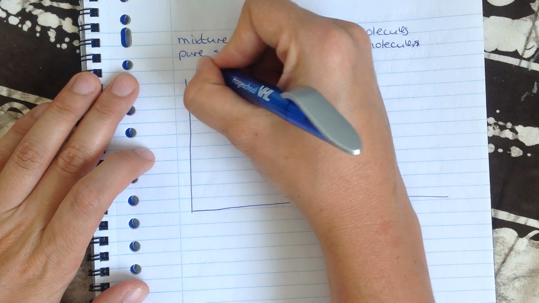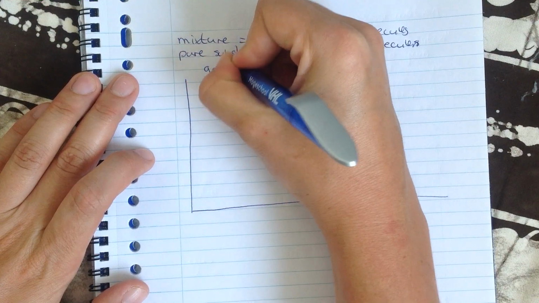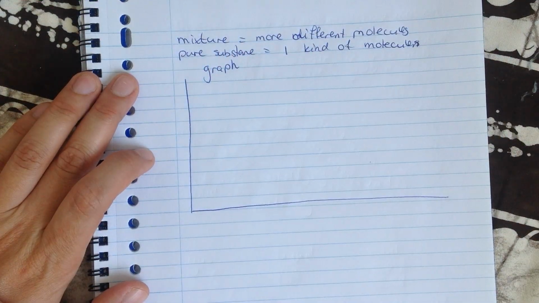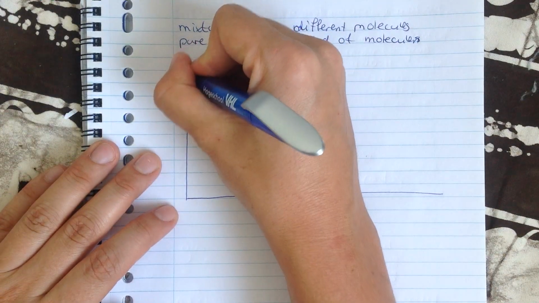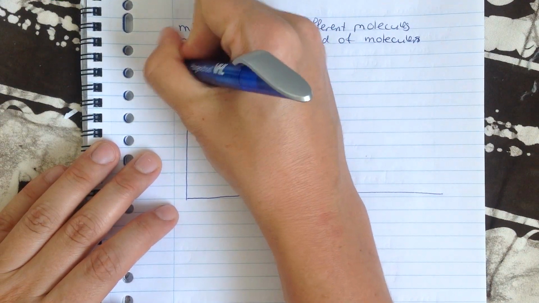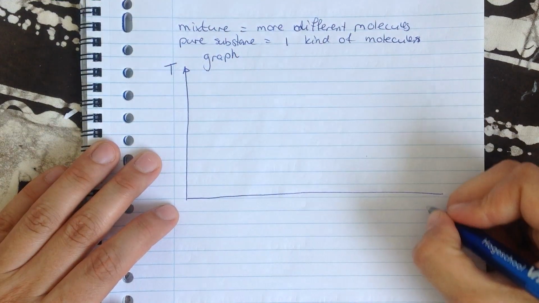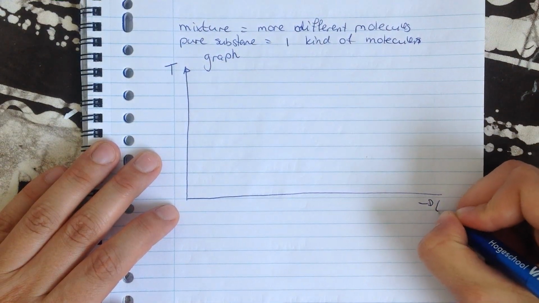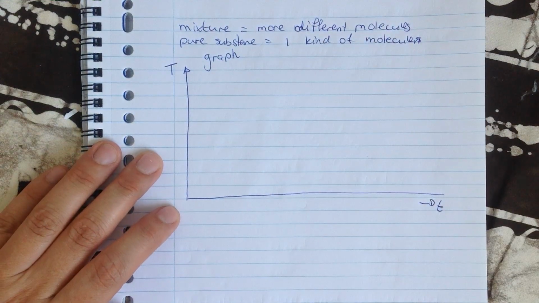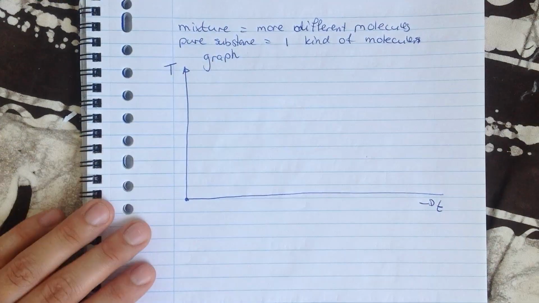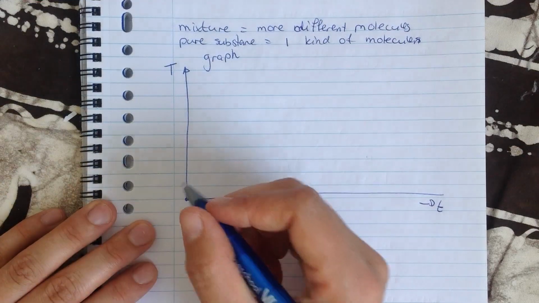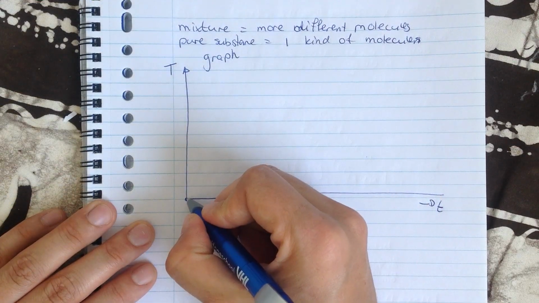This is a graph of heating a substance. This one is the temperature, and this one is the time, small t. I'm just going to start here, and I'm going to heat up the temperature.